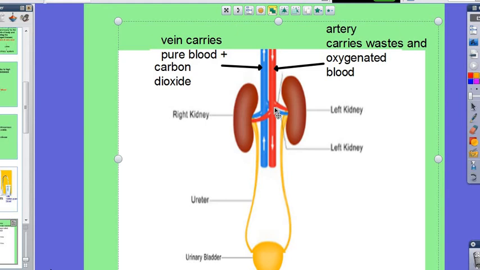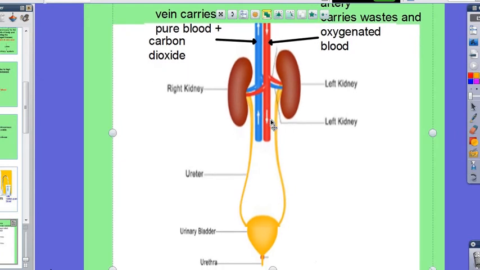And of course we know that arteries carry oxygenated blood, and we said that all arteries carry oxygenated blood except the pulmonary artery. So this is like any artery, it contains oxygenated blood plus wastes. The artery which is filled with the blood plus wastes will enter into two kidneys. This is the first organ in our urinary system.